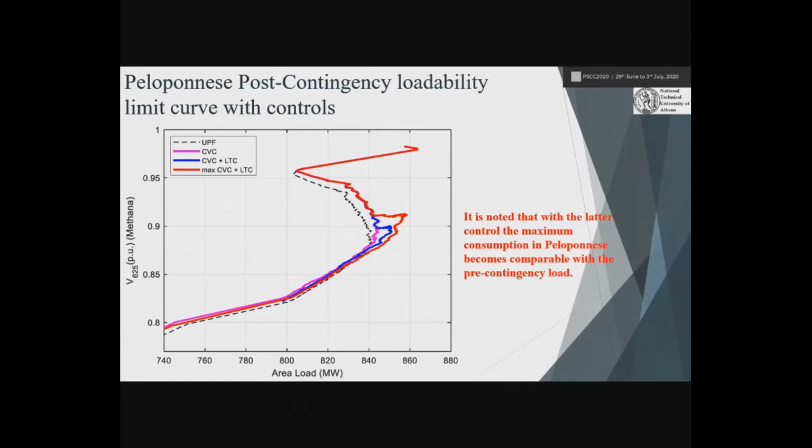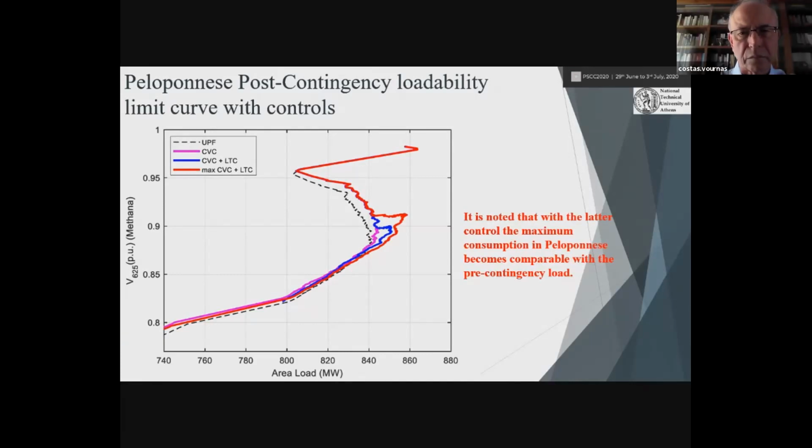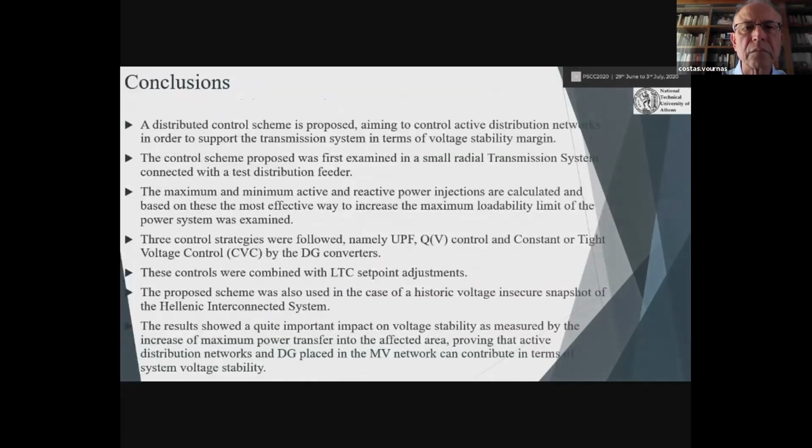These three controls are shown in the same figure, together with the base case scenario, where it is noted that with the latter control, the maximum consumption in Peloponnesus becomes comparable with the pre-contingency load. A lot of conclusions can be drawn.